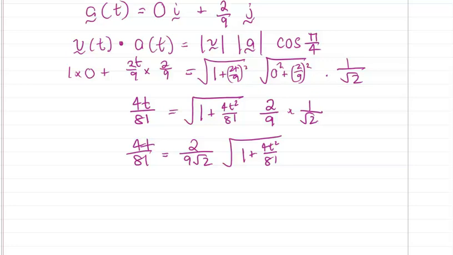I can square both sides, but first of all, I'm going to tidy up the left-hand side. So let me send this 9 root 2 over here, times 4t all on 81 times 2 equals this term over here.